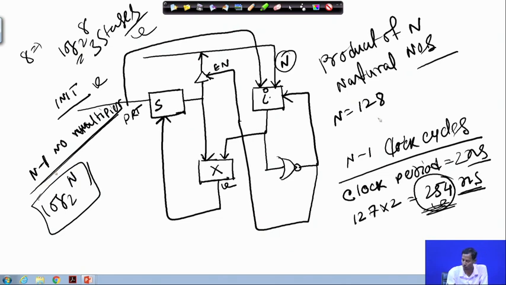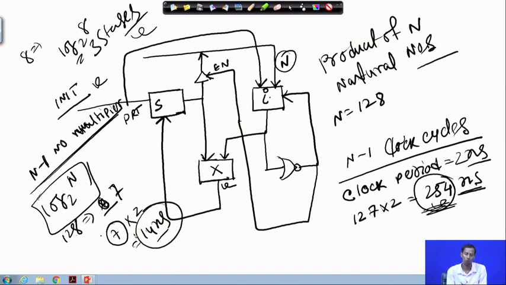So, as I have chosen n equals 128, that is 2 to the power 7, so 7 stages will be there. In each stage, each multiplier requires 2 nanosecond. So, a total of 14 nanosecond will be the time requirement for the parallel implementation.